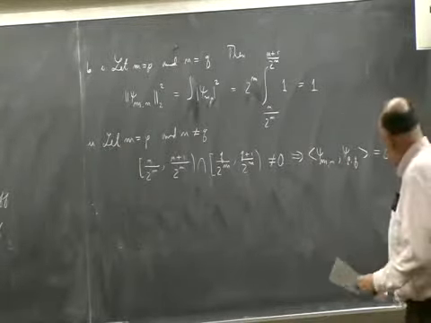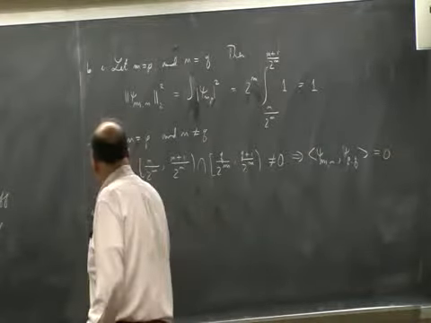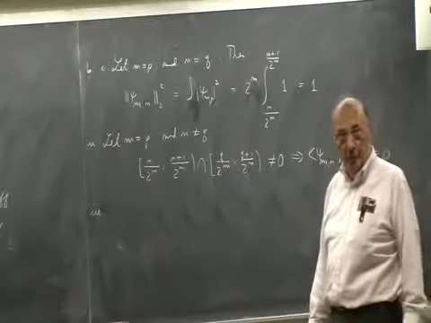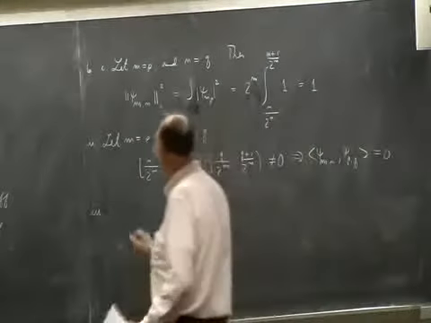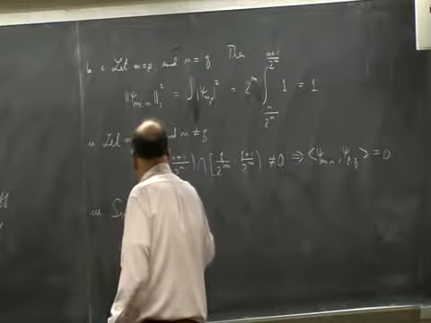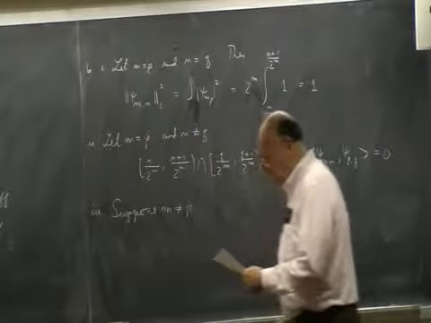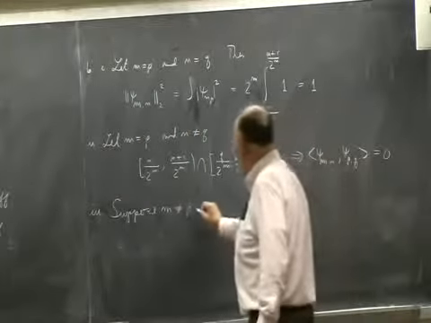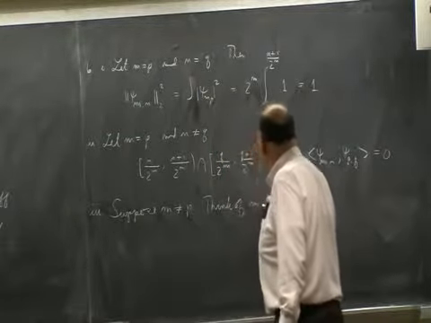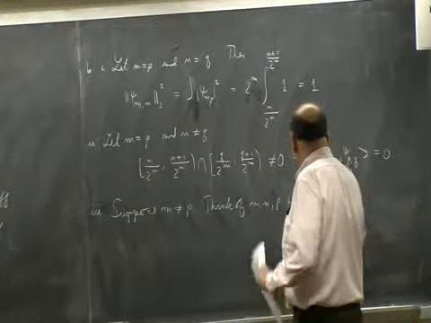Now, let's look at the following case. And this will get that picture that was mentioned earlier, but I can draw it in just a moment. Suppose m is not equal to p. Think of m, n, and p as fixed.